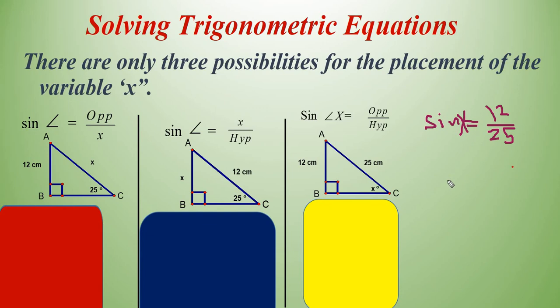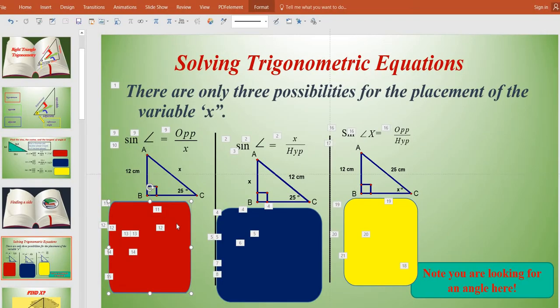Using shift sine to find the angle, x equals 28.7 degrees. Let's show the answers.